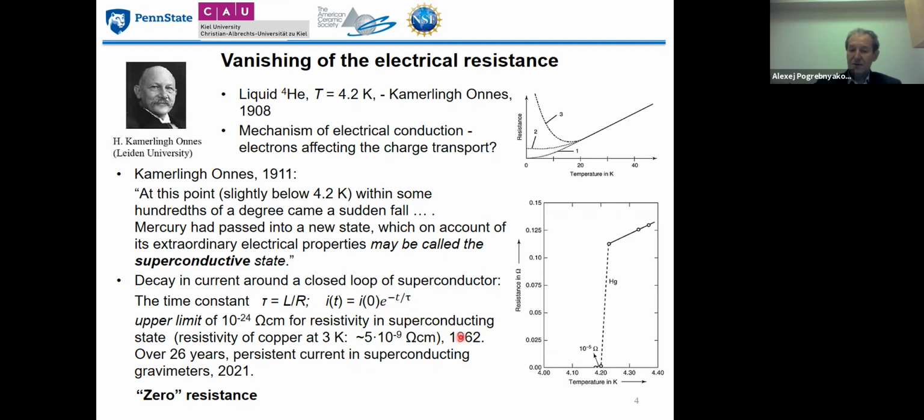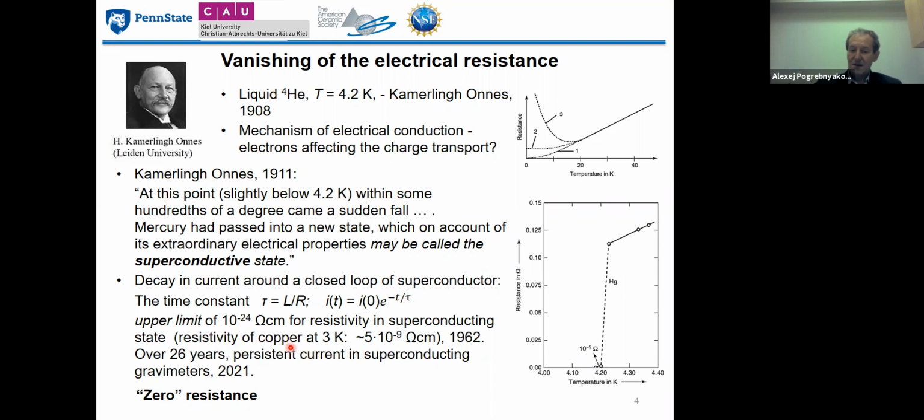For example, in 1962, after 2 years of these studies, it was found that the upper limit for the resistivity of the superconducting state was 10 to the minus 24 ohm centimeter.